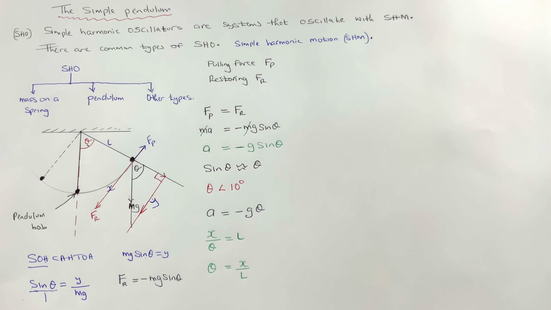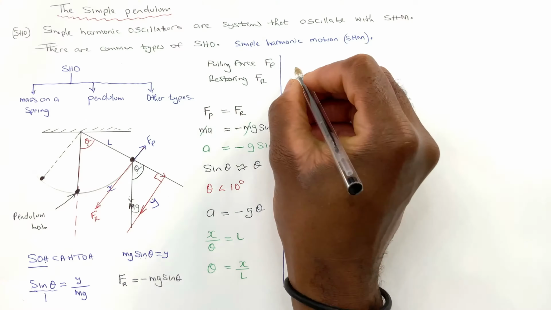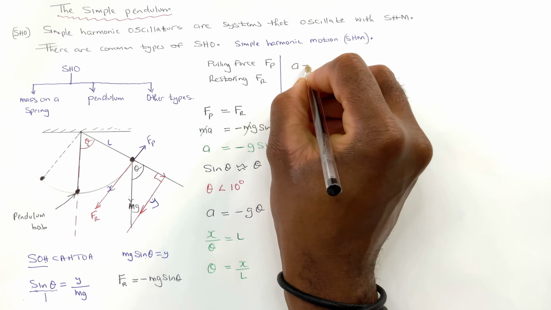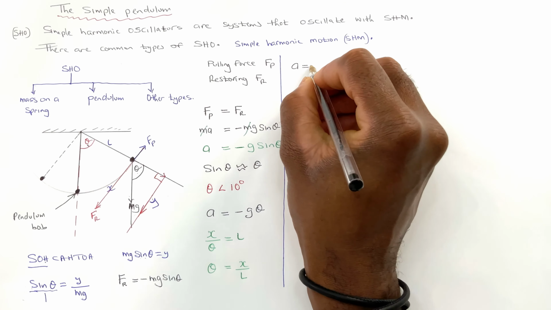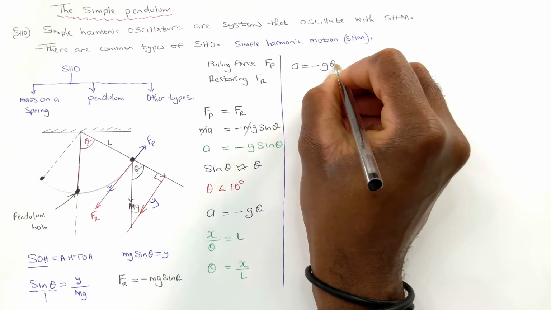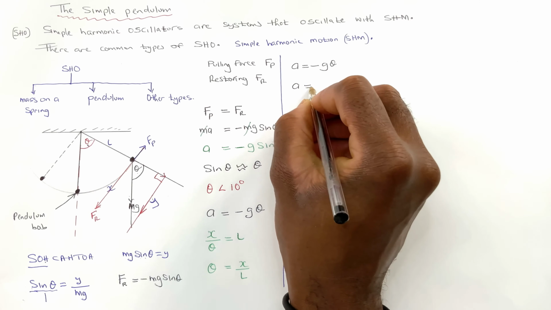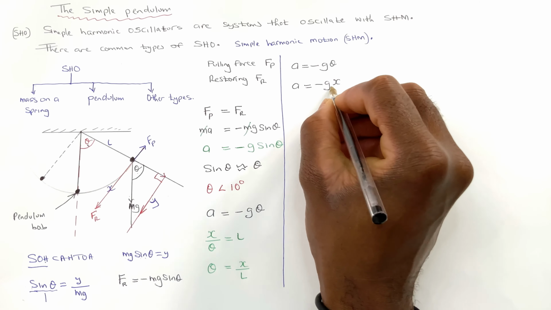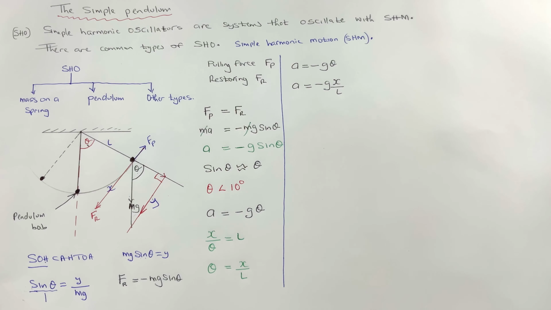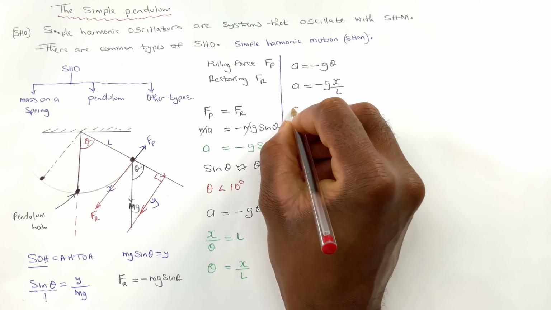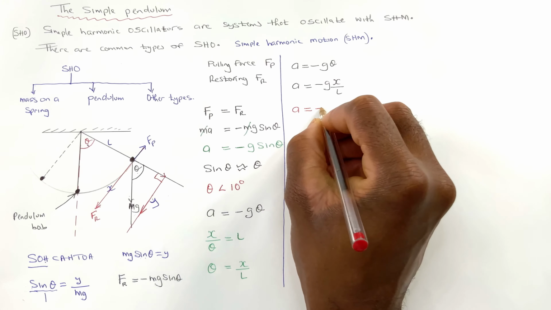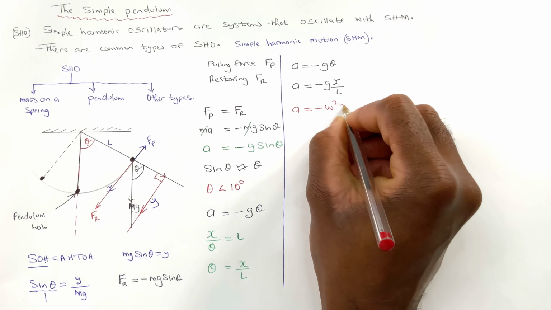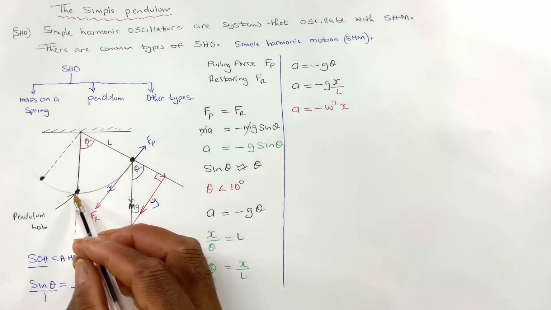Now that we know theta is x over L, we know that a equals minus g theta. Therefore, a equals minus g x over L. The acceleration for simple harmonic motion is a equals minus omega squared x. This is the x we're talking about.